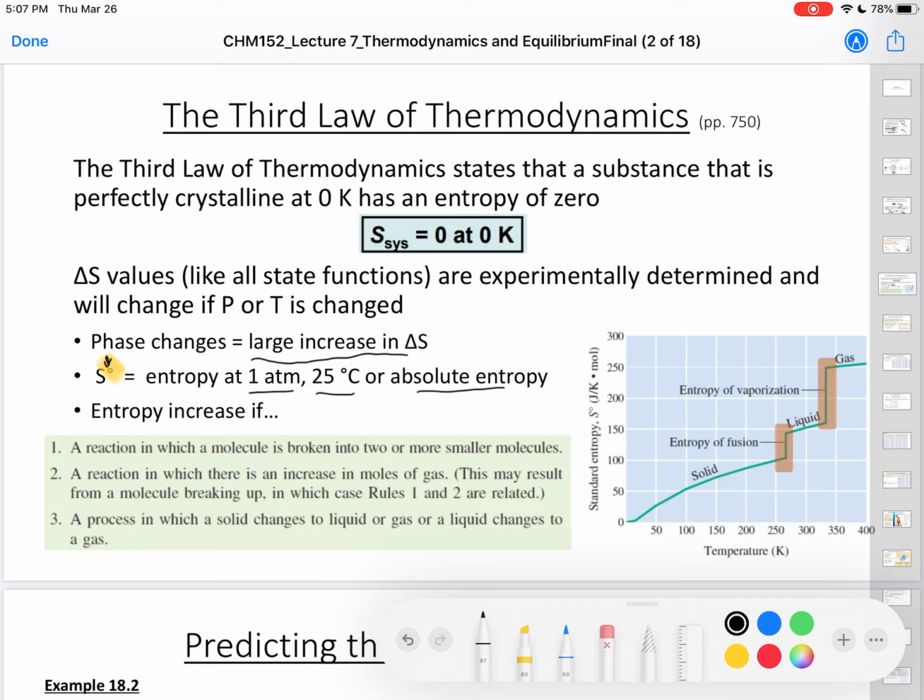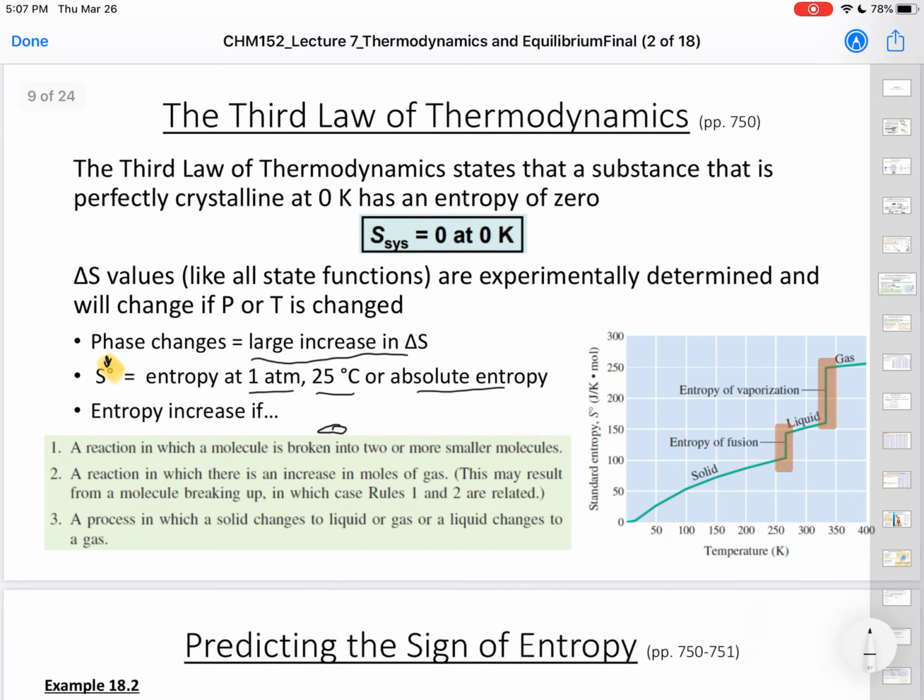So in this particular case, entropy will increase if any of these three rules apply. Rule 1: a reaction in which a molecule is broken into two or more smaller molecules. We saw this already. So for example, if you have one molecule and it results in lots of little molecules, okay? Delta S would be positive, okay?